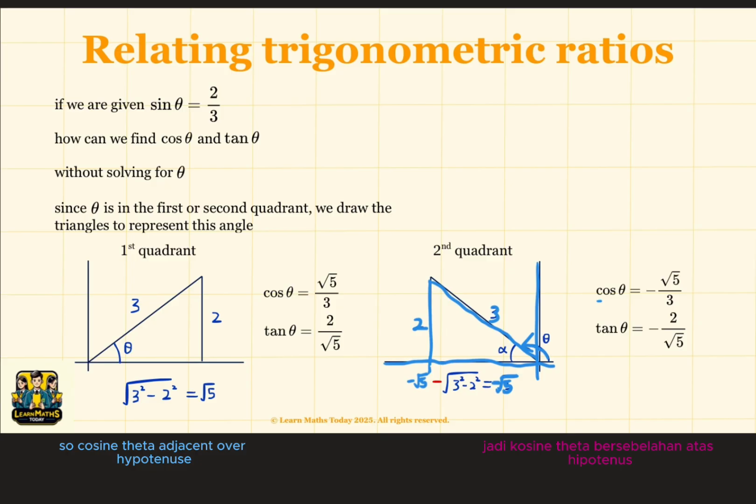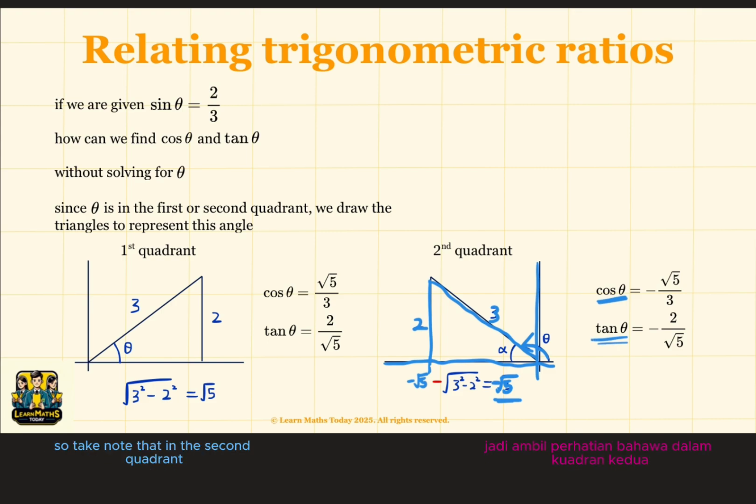So cosine theta is adjacent over hypotenuse. Adjacent is now negative root 5, then hypotenuse is 3, so cosine theta is negative root 5 over 3. Then tangent theta is negative 2 over root 5, because tangent is opposite over adjacent, so it's 2 over negative root 5.